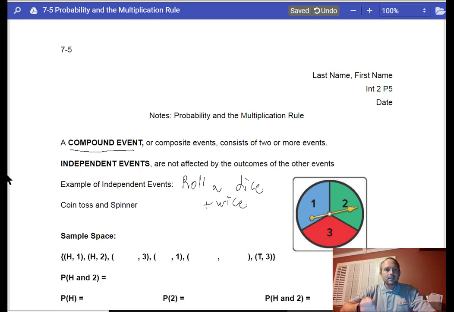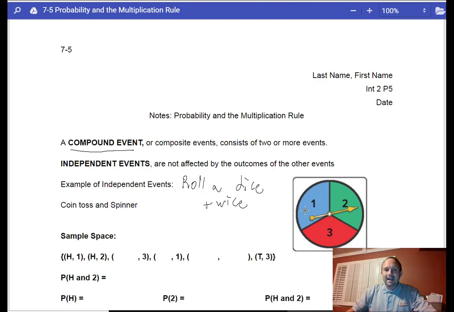So if you flip a coin, comes up heads, comes up tails, doesn't matter. It doesn't affect the outcome of the spinner. If you spin, it could get a 1, 2, or 3. If you roll the dice, it doesn't affect the other outcomes. This is what we call independent events.